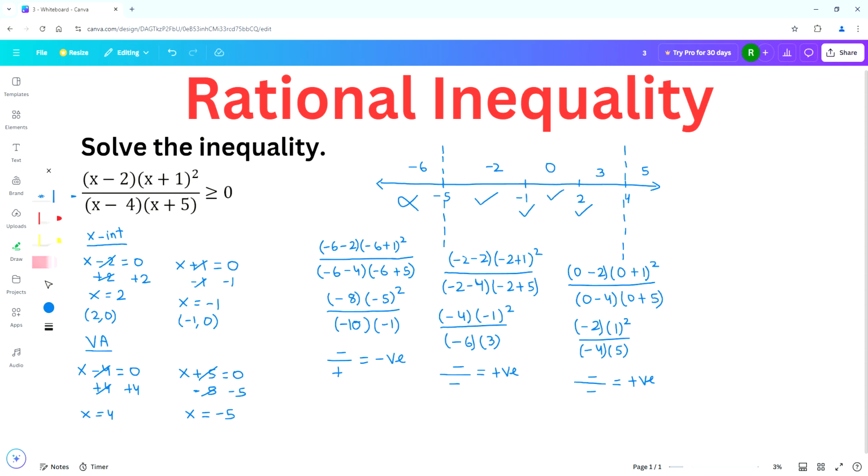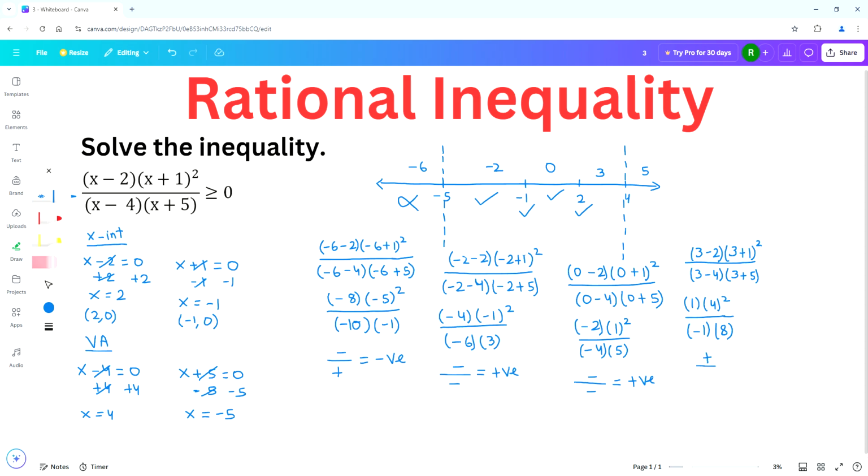Next, we can do the check for 3. In the numerator, 4 square is equal to 16. 1 times 16 gives us a positive result.